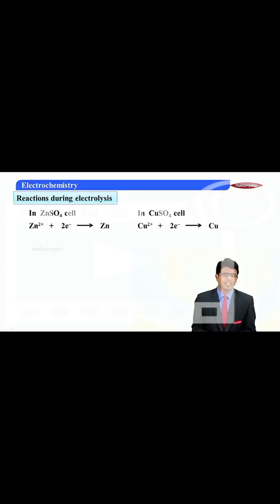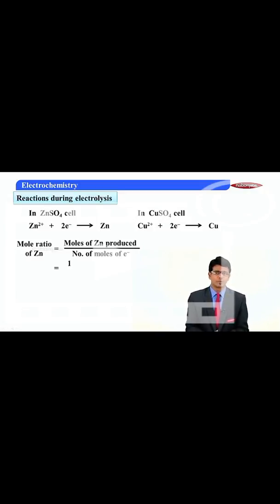So in both the cases, if you need to find the mole ratio, can I say for zinc, the mole ratio is nothing but moles of zinc produced upon number of moles of electrons required, right? So here moles of zinc produced is 1, for which we need 2 moles of electrons. In short, the mole ratio for zinc comes out to be half.